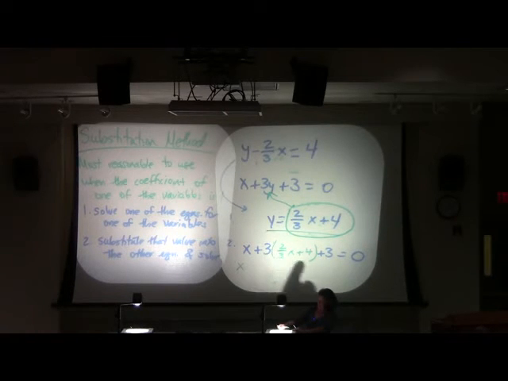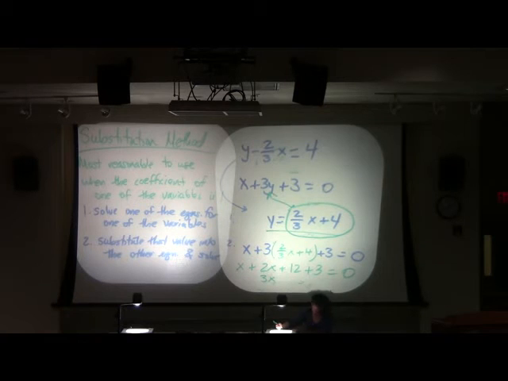Don't I need to distribute my 3 throughout my parentheses? Sure do. What is 3 times 2/3? 2. So don't I get 2x here? And 4 times 3 is 12, plus another 3 equals 0. Can I solve this? Yeah, this is pretty sweet looking, right?